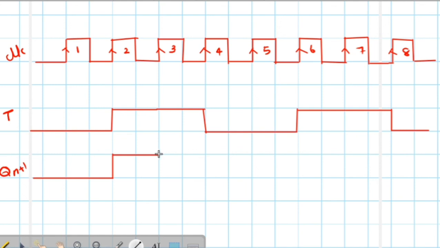Then third clock pulse, again T is equal to 1, it toggles to 0. Then fourth clock pulse, T is equal to 0, it retains the state. Fifth clock pulse, again T is 0, it retains the state. Then sixth clock pulse, T is equal to 1, it toggles the state. Again T is equal to 1, that means it toggles and goes down to 0. Then T is equal to 0, it retains the state. Okay, so this is the waveform of the T flip-flop, right?